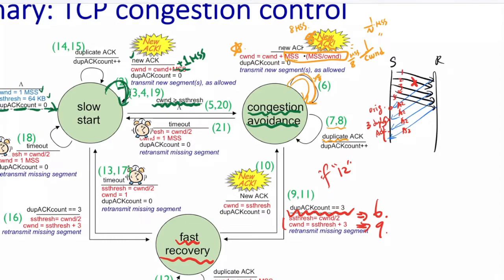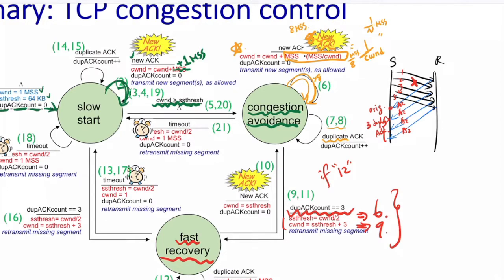So when you experience 3 duplicate ACKs, you slightly decrease your congestion window, and you cut your slow start threshold to half of the current congestion window size, because 3 duplicate ACKs means there's something wrong, but not that bad.